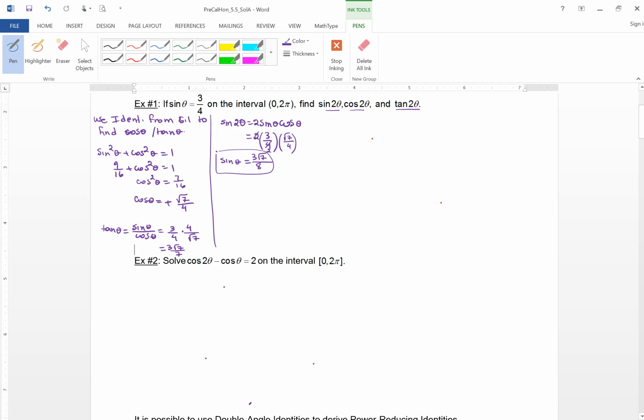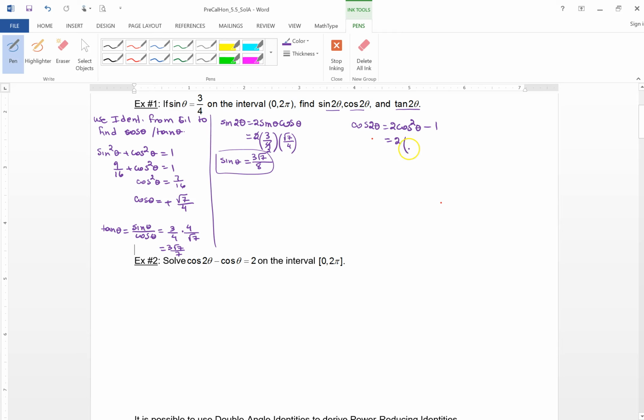All right. Next one, I want cosine of 2 theta. Now, for cosine of 2 theta, I have 3 choices, and I can pick any one of them. Let's pick the second one. It might be easier. So the second one says 2 cosine square theta minus 1 is what cosine 2 theta equals.